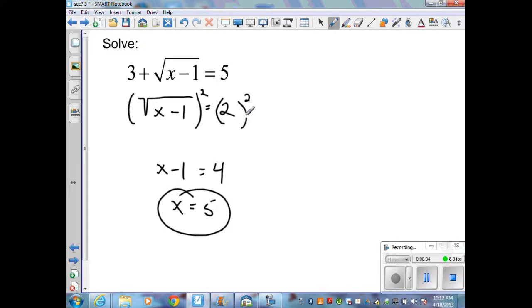Let's take a closer look at this step. Here I have x minus 1, and I have the square root of that. We know from a previous section that I could write that as x minus 1 to the 1/2 power, and that would equal 2. Our goal in this section to solve these types of problems is to get that exponent to equal 1.